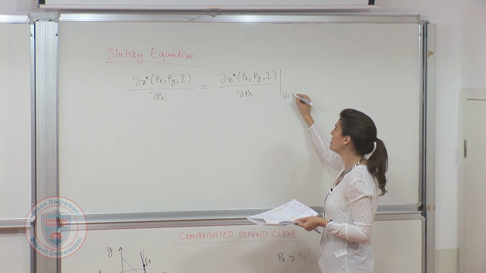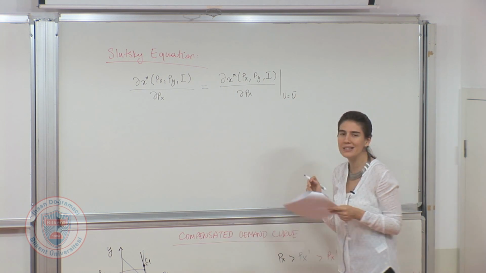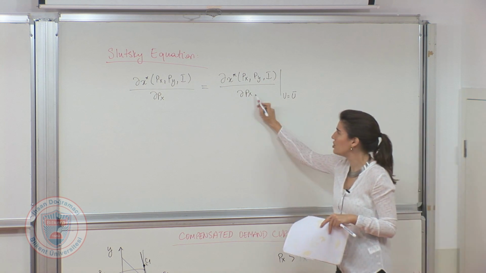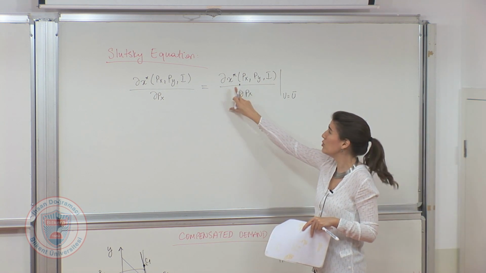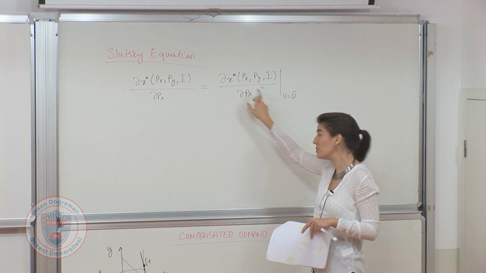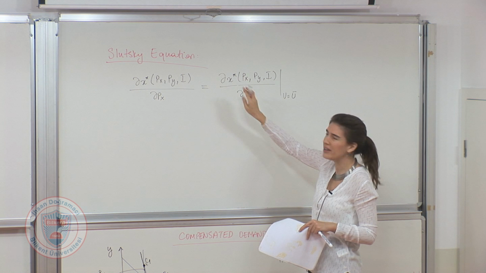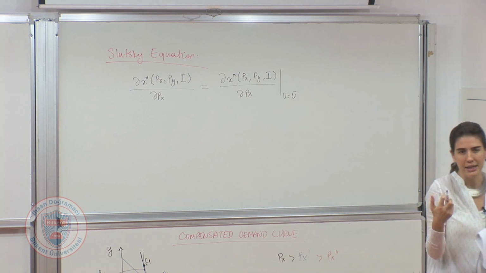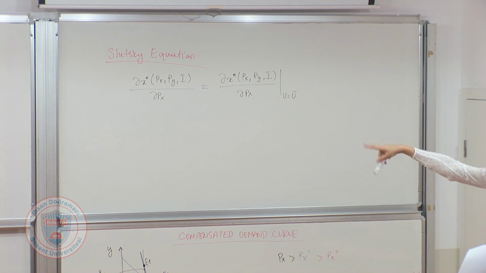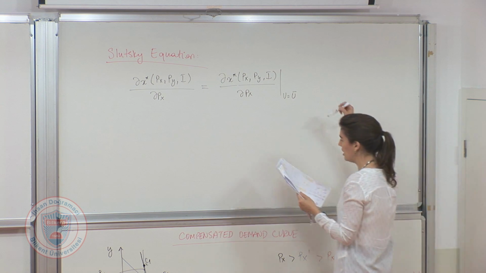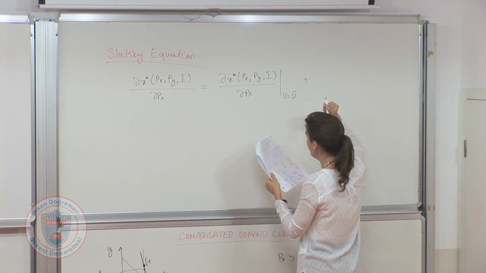So basically it means the same. You're changing px, you're looking at the optimal x consumption, but you're keeping the utility level the same, okay? This is not a very good way of writing it, right? So we have this xc. That's why I wrote it like that. But this is how he wrote it.